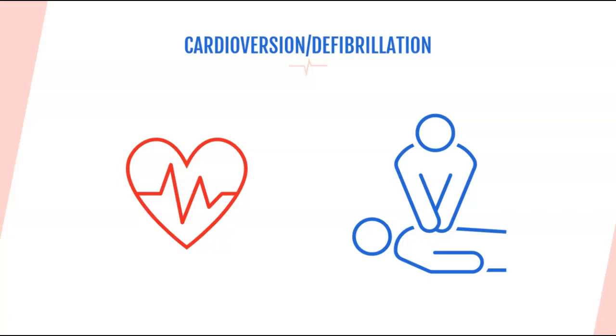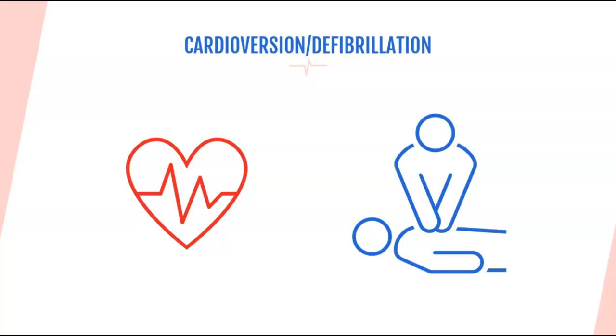Defibrillation is a random electrical shock which depolarizes all myocardial cells and ends the chaotic activity. This helps allow the SA node to regain control of the heart rhythm. Defibrillation is recommended for V-fib and pulseless V-tach only. The rest of the rhythms are cardioverted if needed.